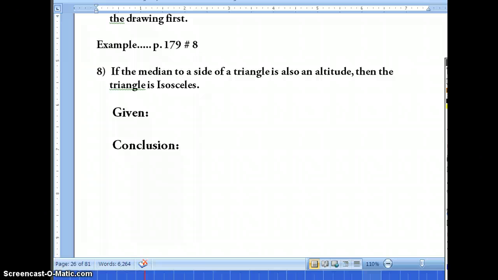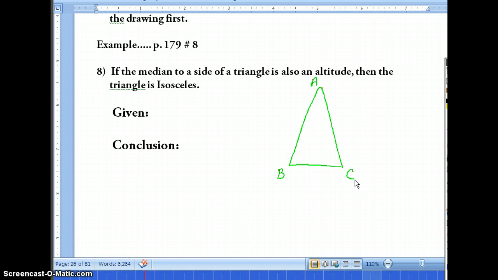So I'm going to start off by doing that. See how we do here. And we need some labels for this. So we'll just go real generic here. We'll just call this vertex A, and we'll call the base angles of the isosceles B and C.